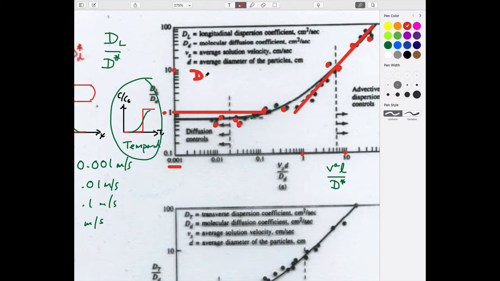It's dl over d star is equal to alpha velocity, I suppose, over d star plus d star over d star. It's kind of a blunt instrument, you see.